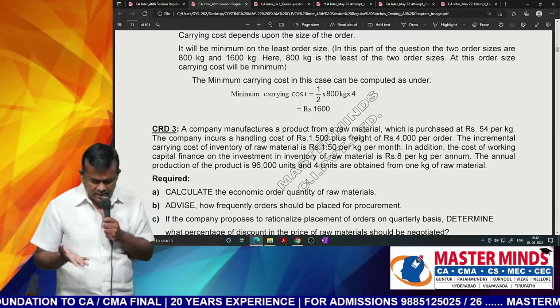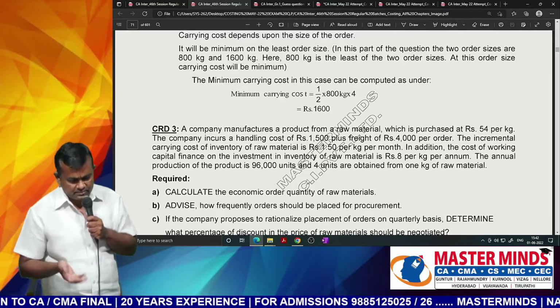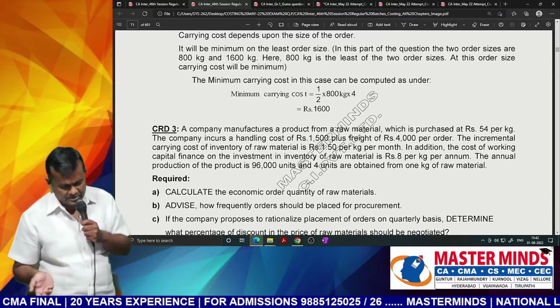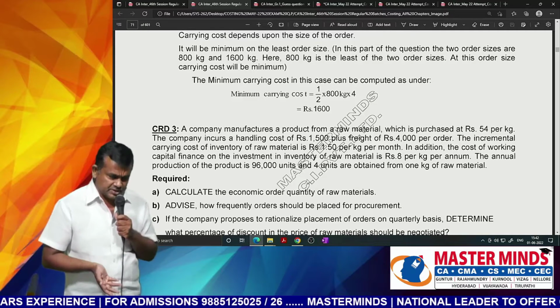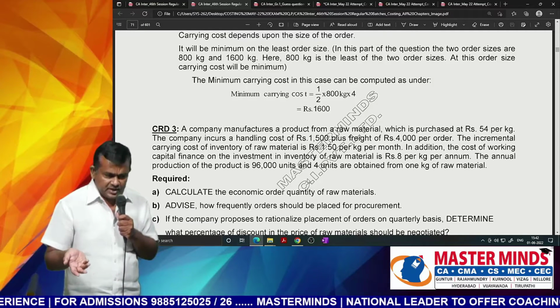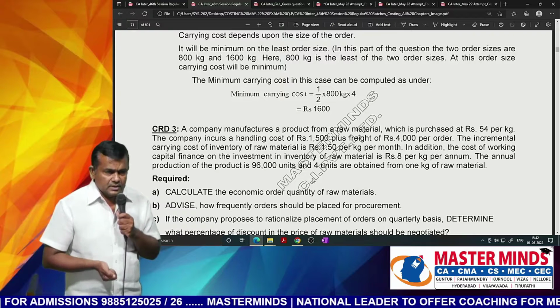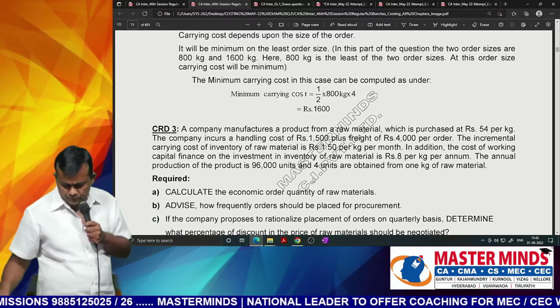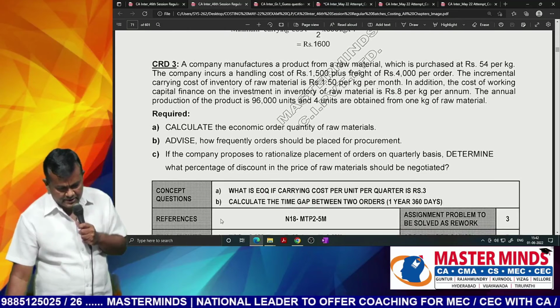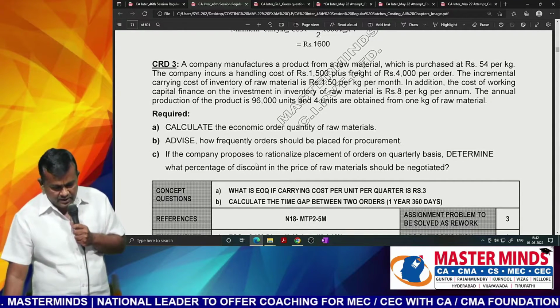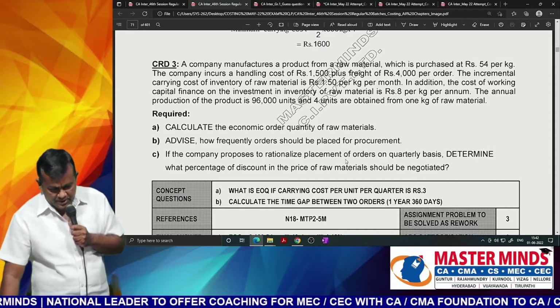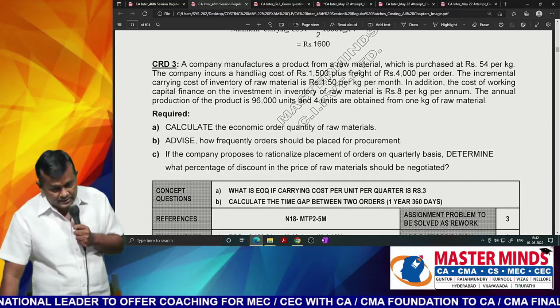First bit, calculate the economic order quantity. Second bit, advise how frequently orders should be placed for procurement. So that is the time gap between two orders. Time gap between two orders means number of days in a year divided by number of orders in a year. Right? Next, C. So if the company proposes to rationalize the placement, here the third bit changes, sir.